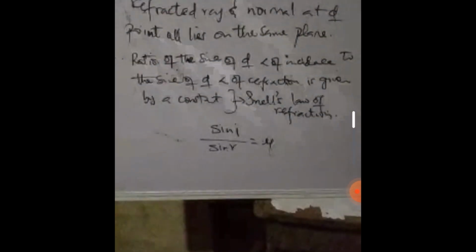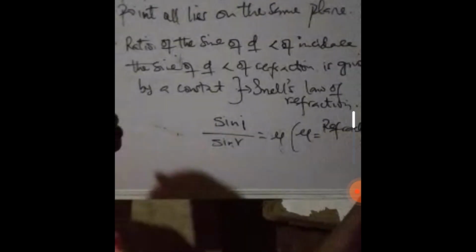Snell's law of refraction states that sine I over sine R equals mu. Mu is a Greek alphabet. So this mu now is the constant, and it is not just a constant, it is known as the refractive index.